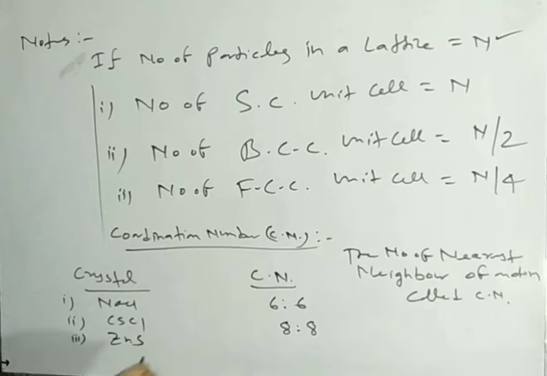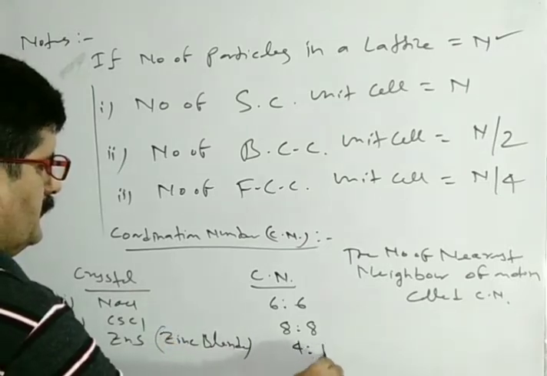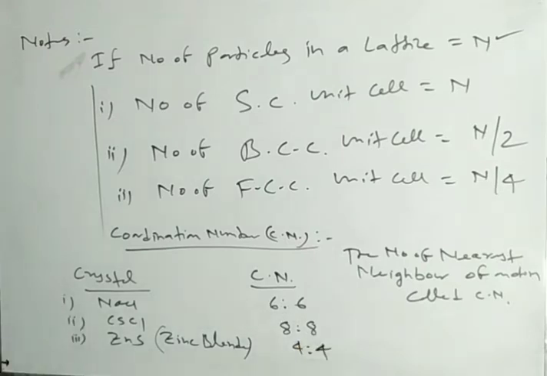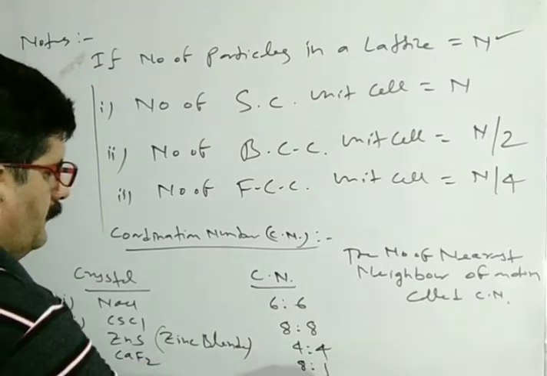ZnS is called what? Zinc blende, 4:4. Next one, calcium fluoride, 8:4.